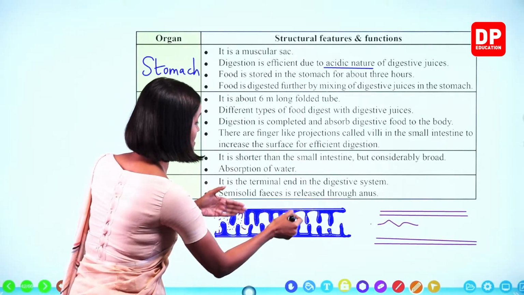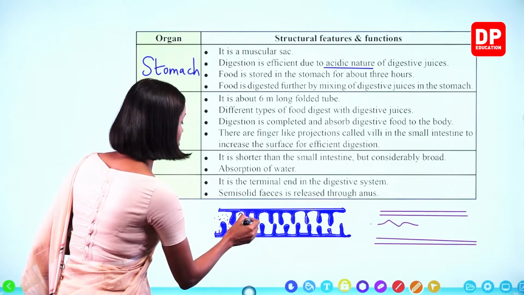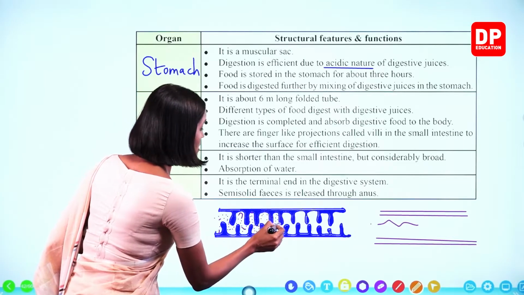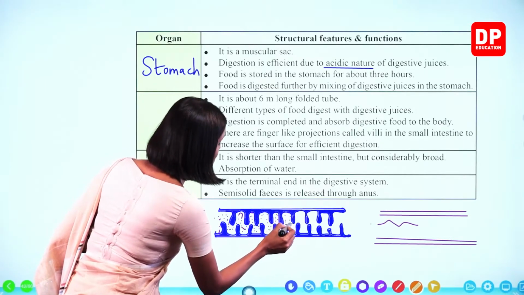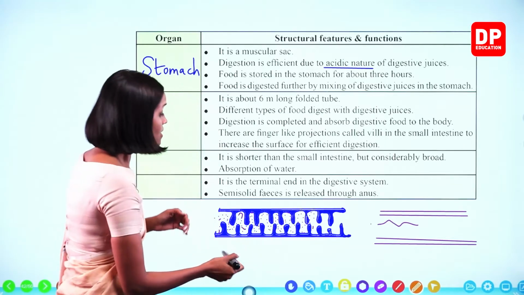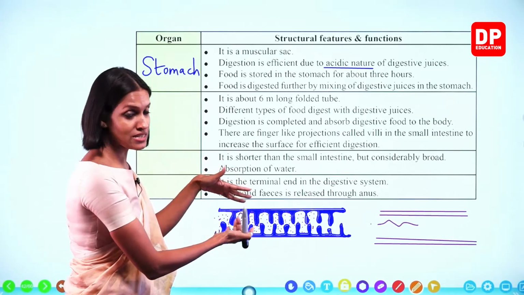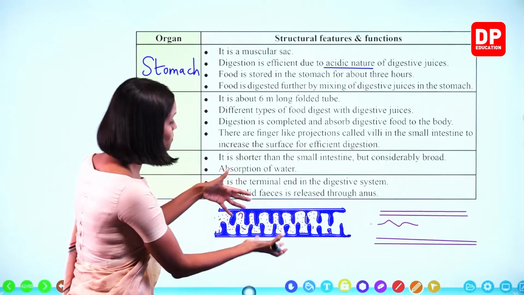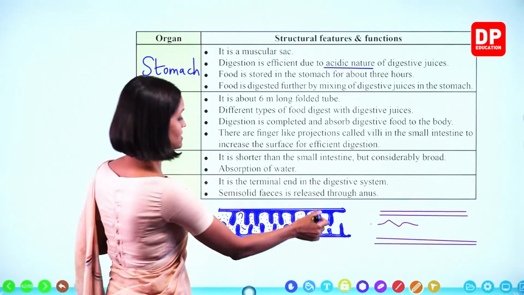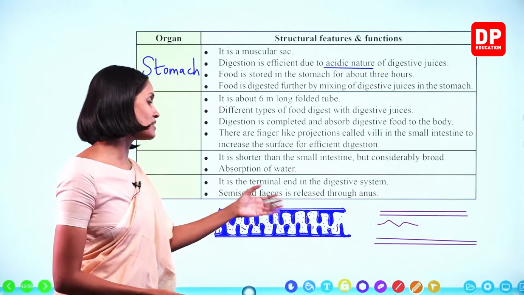But when you consider this type of structure, because of these finger-like projections, what happens, children? The food can stay a little longer, and also the food touches more surface areas in the digestive tract, which means the walls of the small intestine get a better chance to absorb more and more nutrients present in the food as it goes from one side to the other side. Right, children? This is the importance of this finger-like structure.